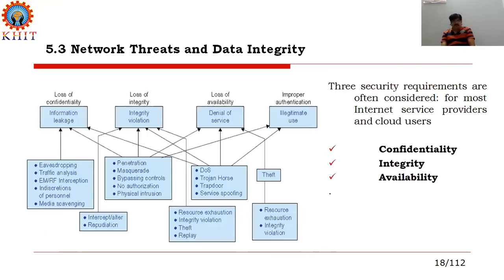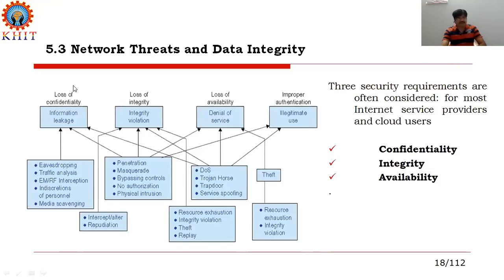Here, we will talk about network threats and consider the diagram. The key security requirements considered for most internet service providers are confidentiality, integrity, and availability. For example, loss of confidentiality is one factor.